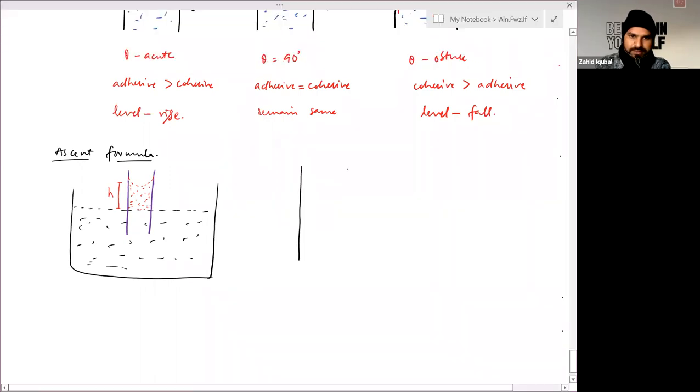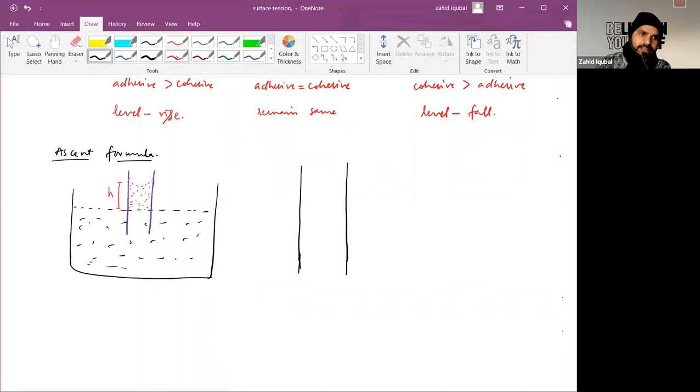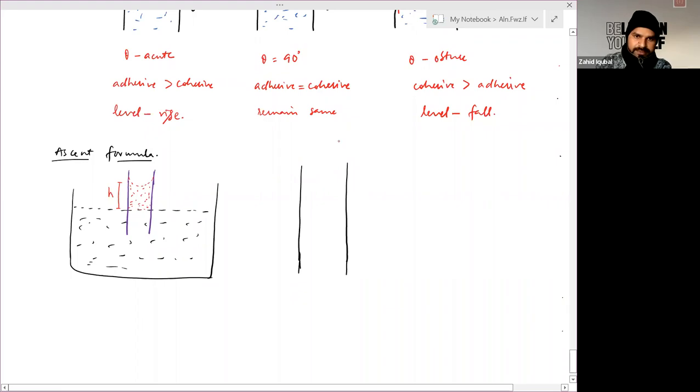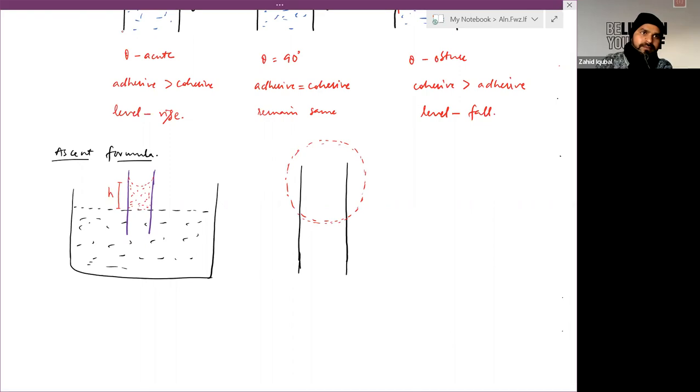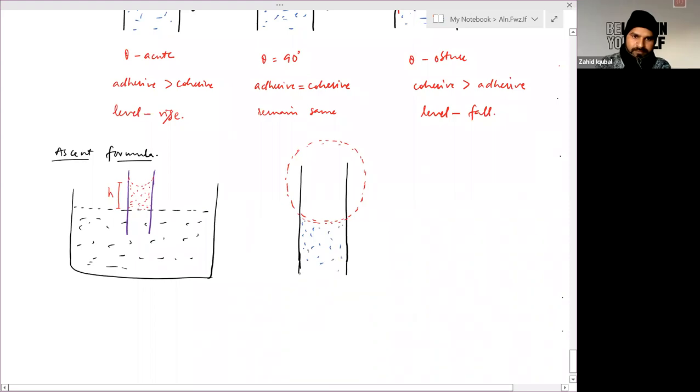So let me define you how to solve this part. Suppose this is capillary tube in which meniscus of liquid at its top point is behaving like this, in the shape of a bubble. And we have about this much amount of liquid in it.